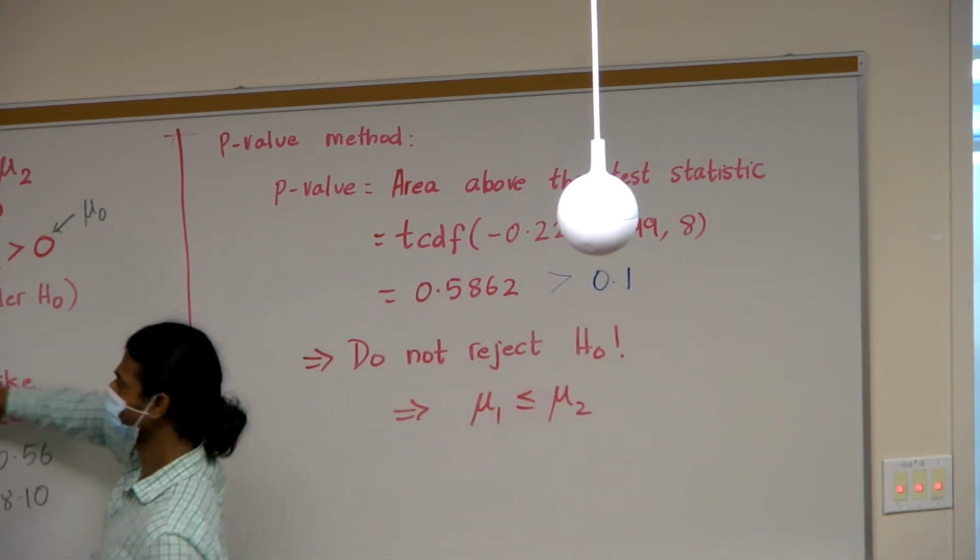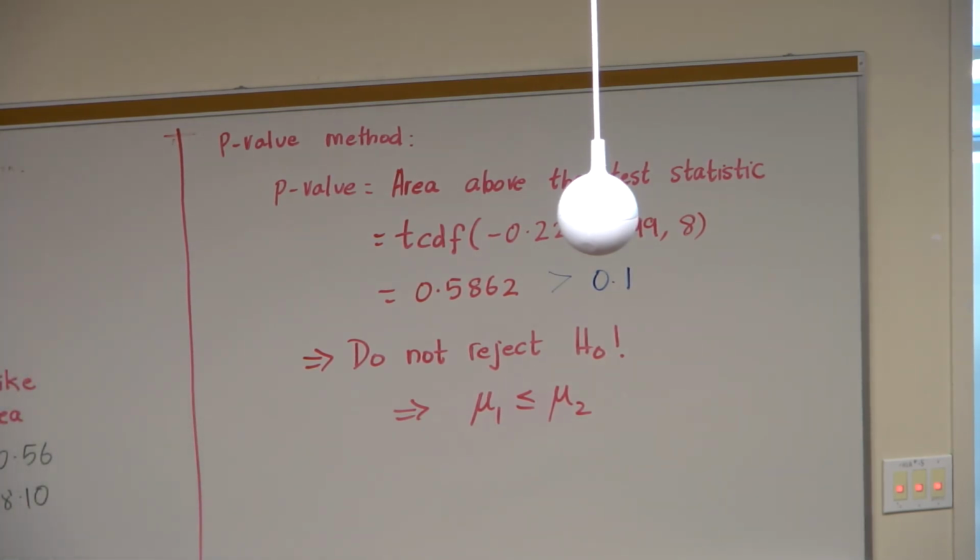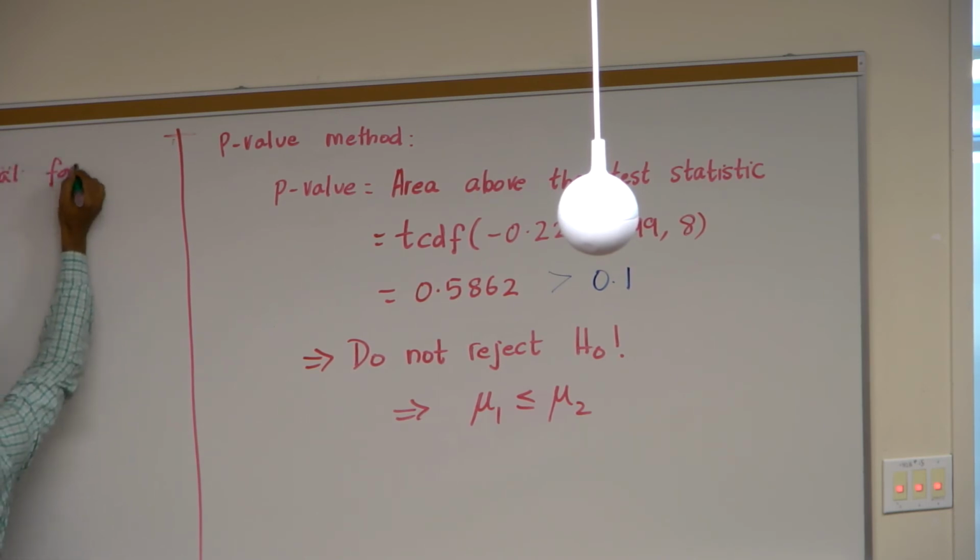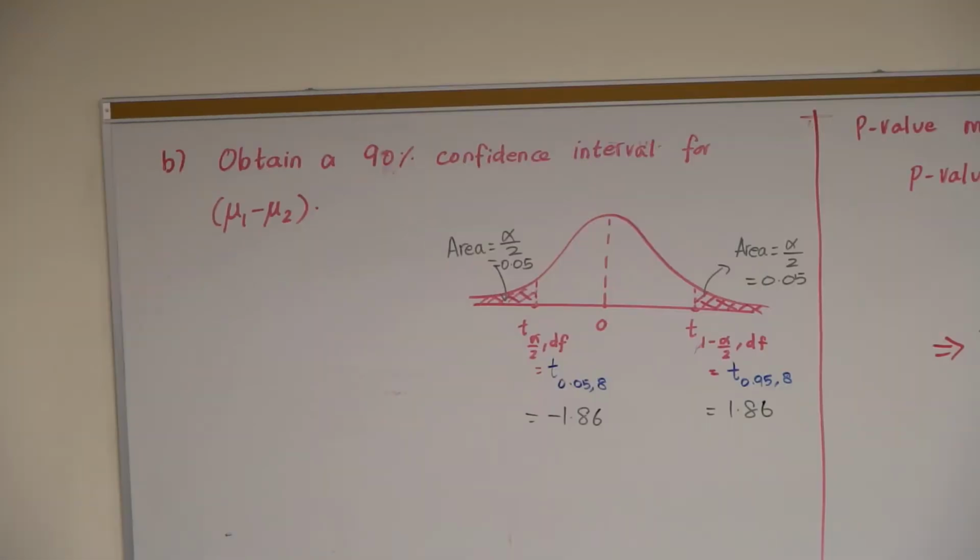Can I erase this? This is part B. We have the critical value.